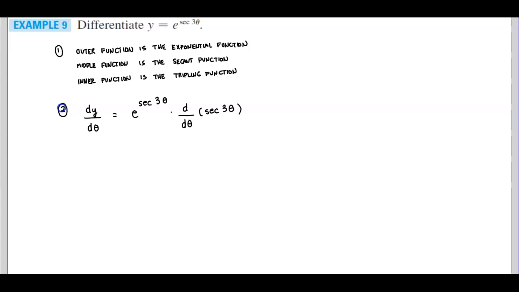So now we know that this is going to equal e times the secant of 3 theta.